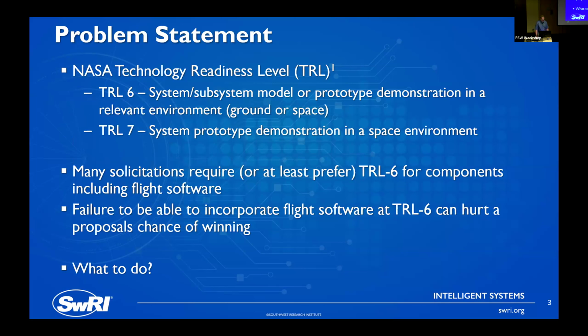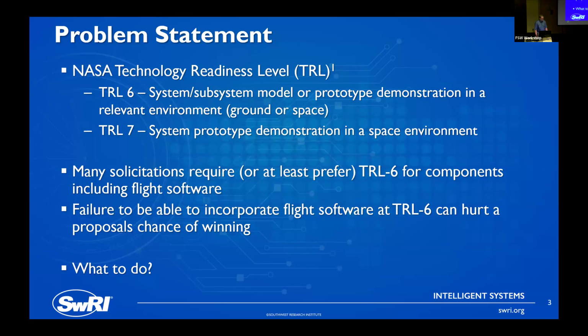The motivation behind this was to mature the state of the MEDOS software. MEDOS software is a new development from Aurora Technology, and NASA has the concept of technology readiness levels. Often when you're writing a proposal, you'll want to show you have reached TRL level 6, which is in our case a prototype demonstration in a relevant environment.